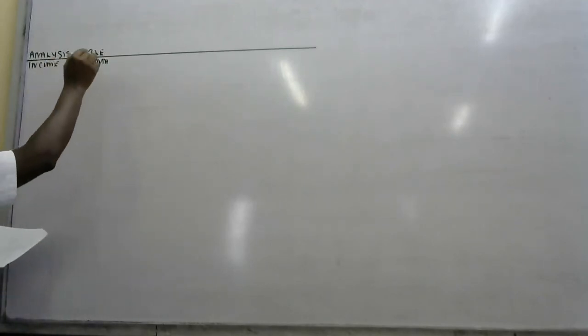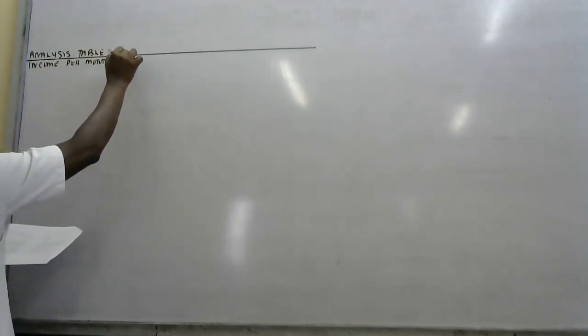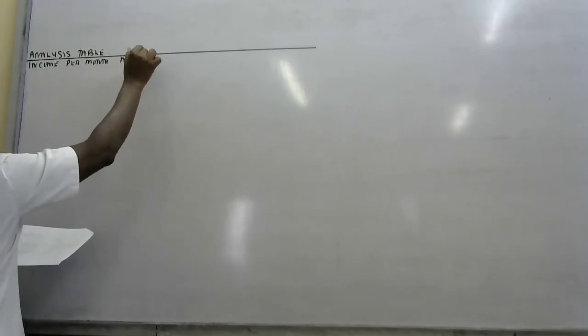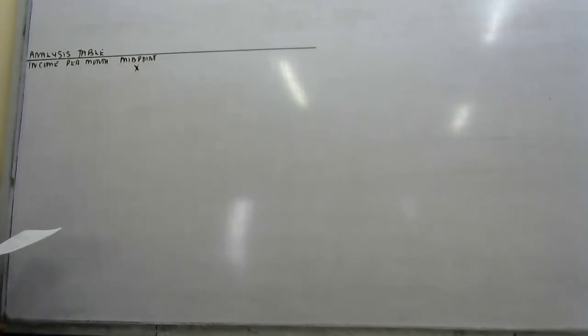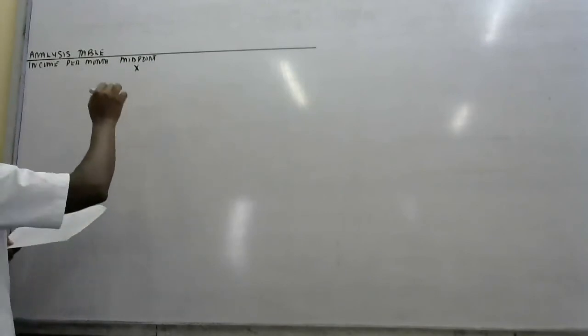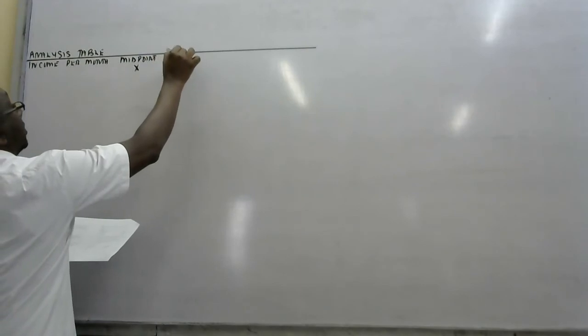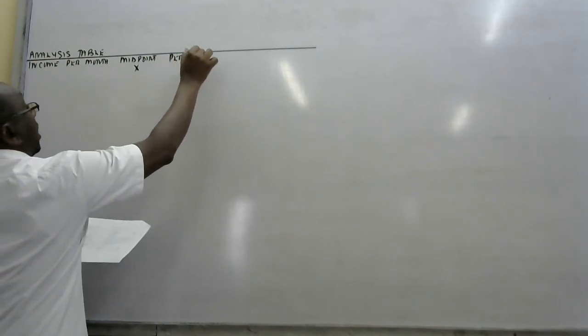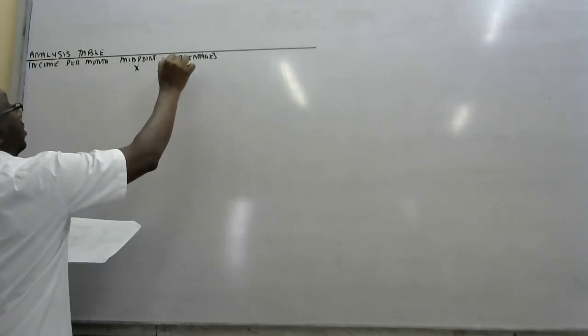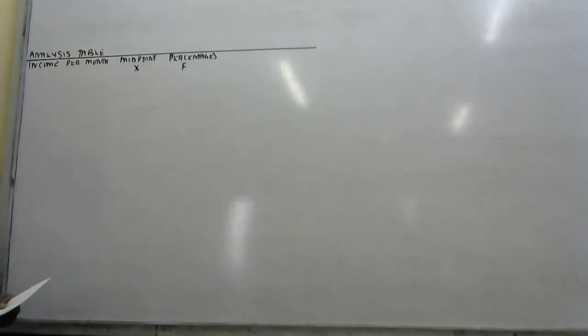So we will need to get the midpoint, which will become our X. Then we have the percentages, and these percentages will become our frequency.